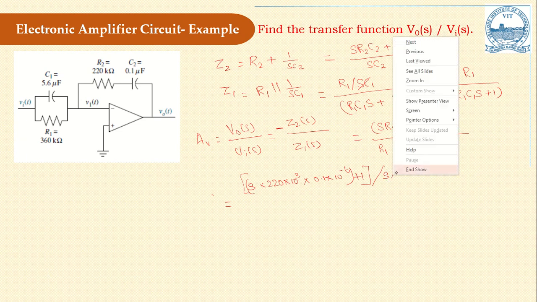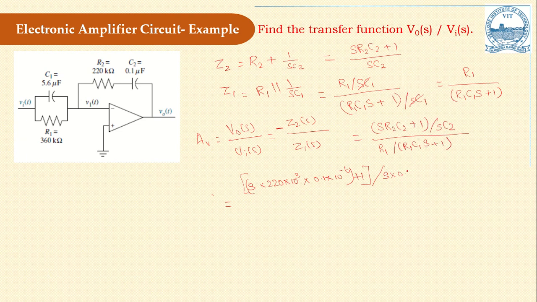So S into C2 is S into 0.1 into 10 power minus 6, divided by R1. R1 is 360 kilo ohm, 360 into 10 power 3, divided by R1 C1 S plus 1, so I have 360 into 10 to the power of 3 into 5.6 into 10 power minus 6 into S, plus 1. So I need to simplify all these things, and again I should not forget the minus sign over here in all the cases.